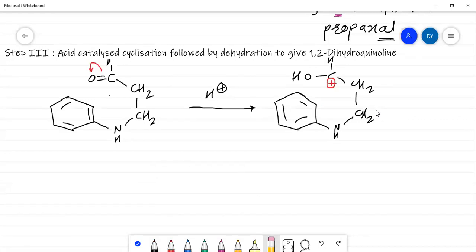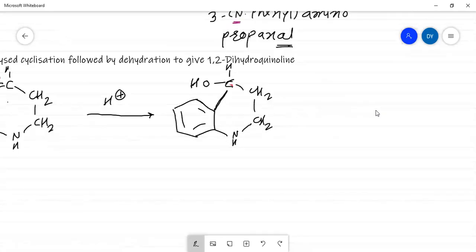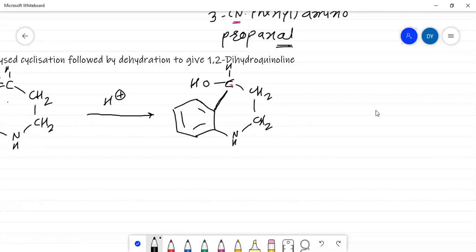So now there is a bond formation between this carbon atom and this carbon atom. So a cyclization takes place. So this is the cyclization. Now after this cyclization, there is a removal of a water molecule. So this H, OH, and one of the hydrogens from this carbon is removed as water.